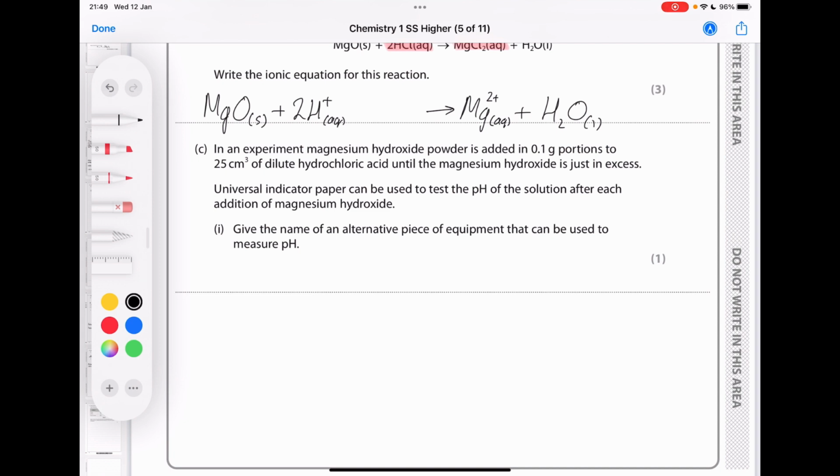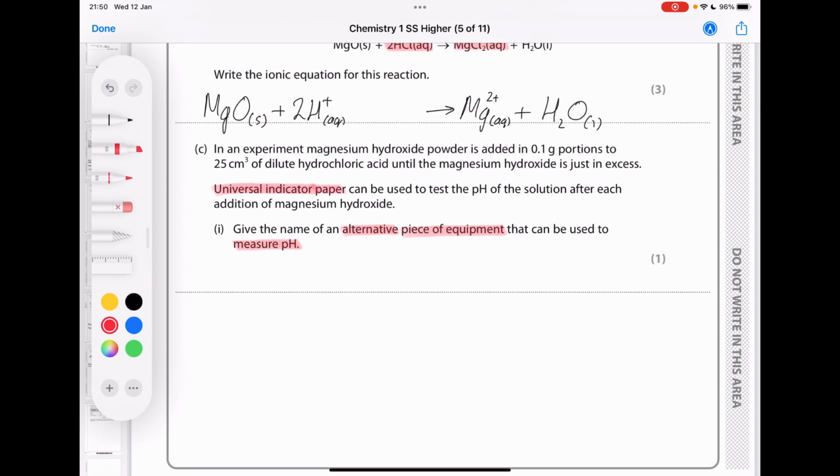Part C, there were many interesting answers to this one. You were asked first off for something that can be used to measure pH, but also the name of a piece of equipment, and therefore this has to be something that you can actually physically use, and it's an alternative piece of equipment which cannot be used as universal indicator paper.